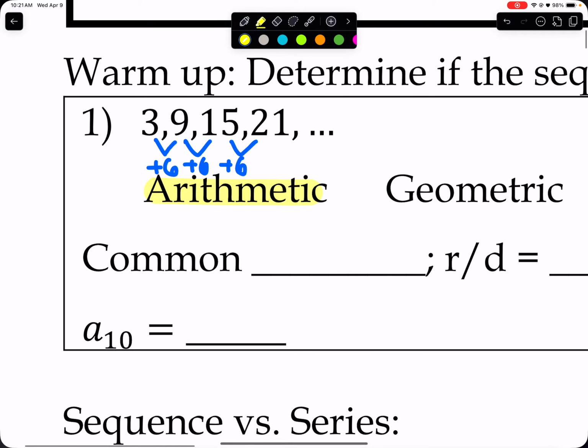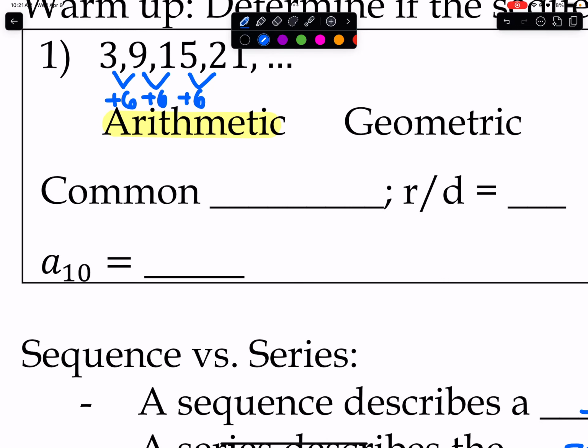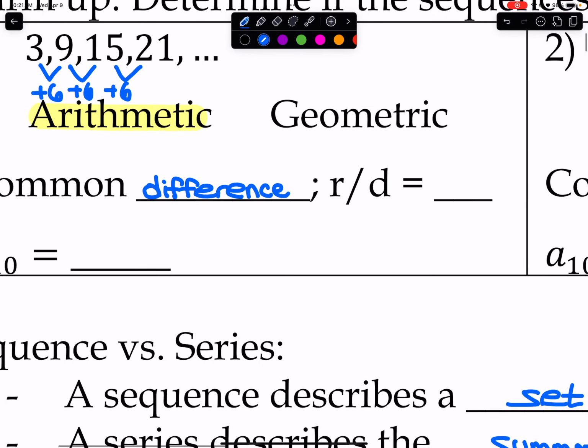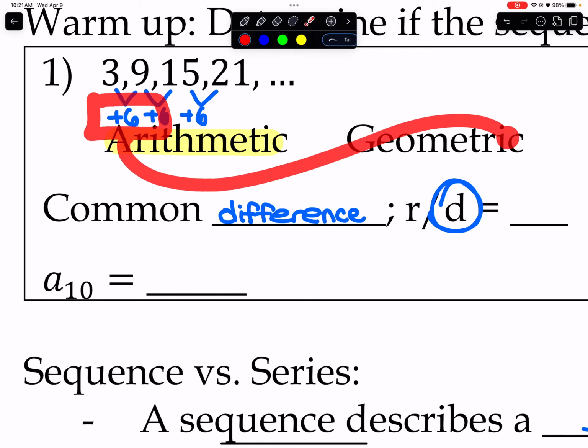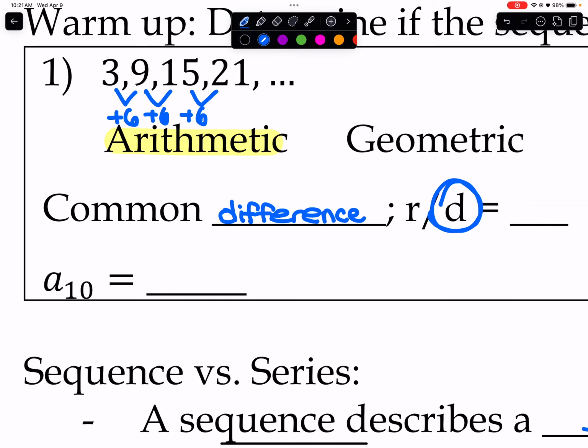In an arithmetic sequence, we have what we call a common difference, which is denoted with the letter D. The change we have up here, that plus 6, is the value of your common difference.